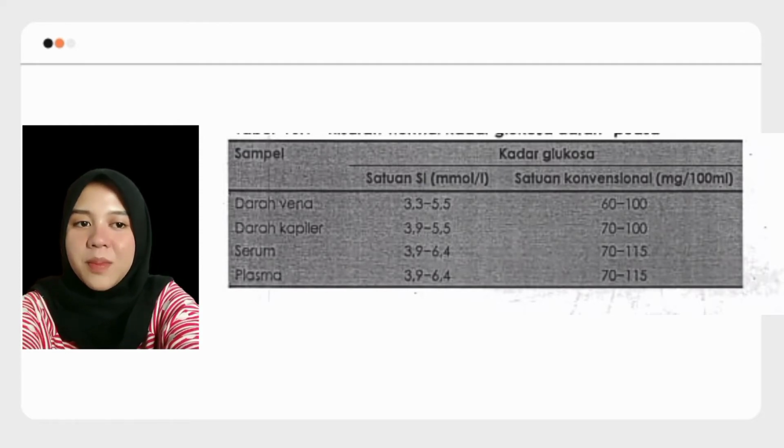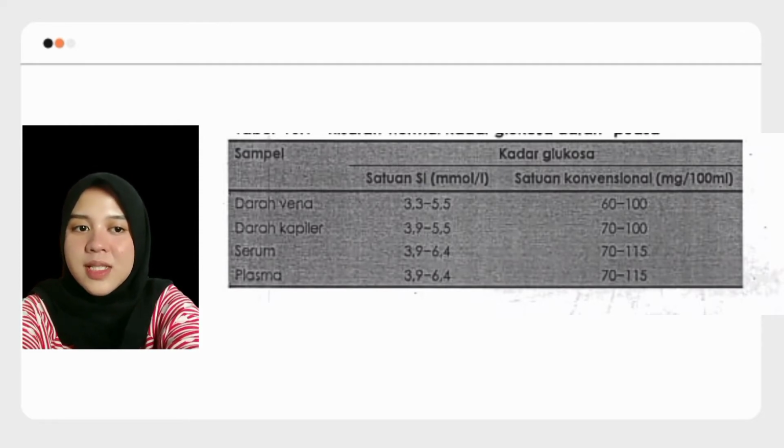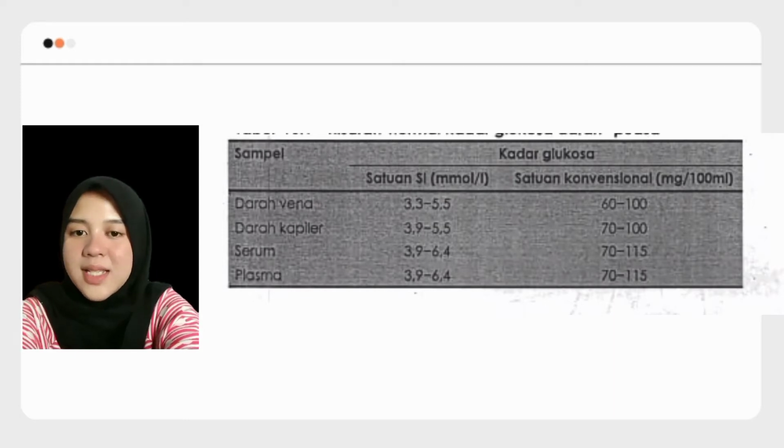In capillary blood samples, glucose levels in SI units are 3.9 to 5.5, and in conventional units are 70 to 100 milligrams per 100 milliliters.